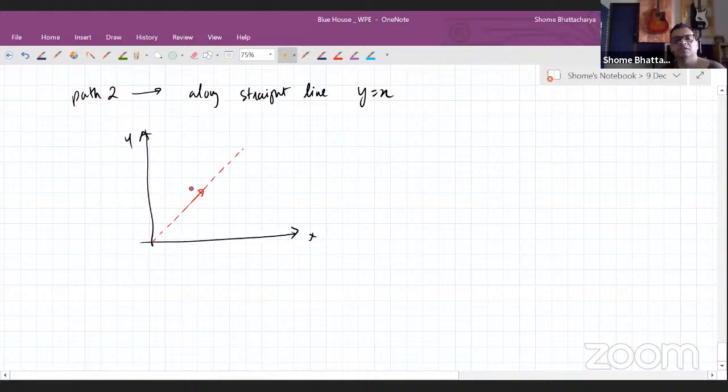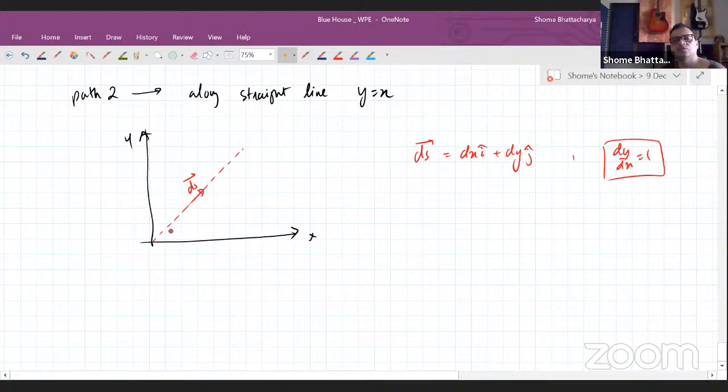When we see this path, any displacement vector ds like this is dx i cap plus dy j cap, where dy by dx is 1 because this angle is 45 degrees. Now at any point like this, we have some kind of a variable force F, which is like this.